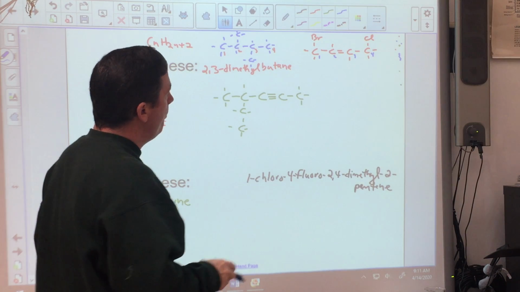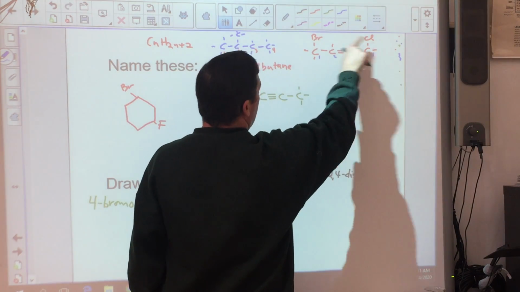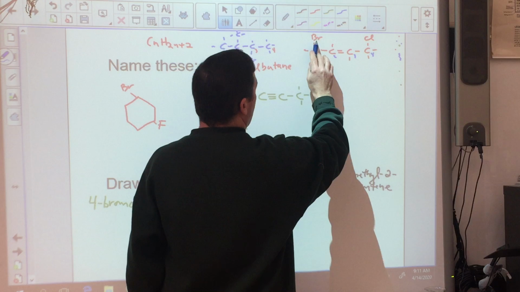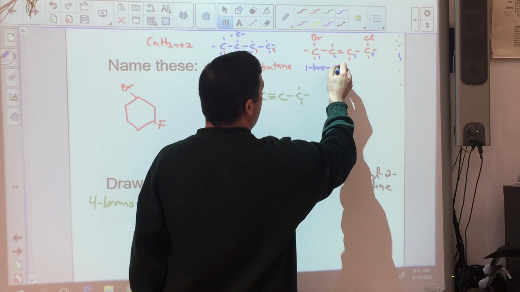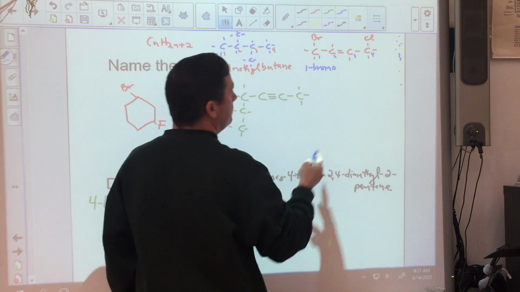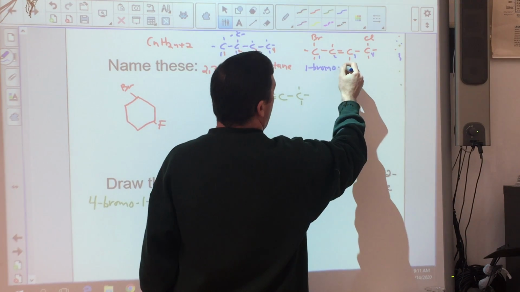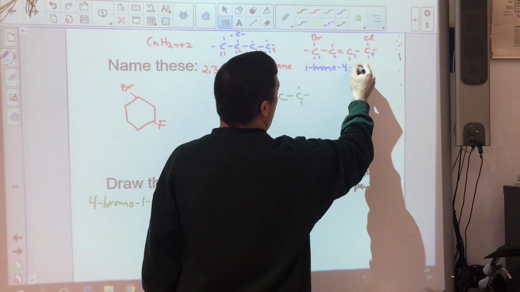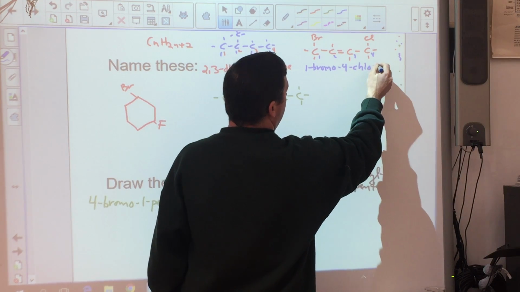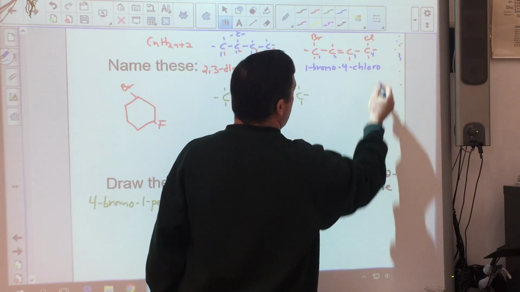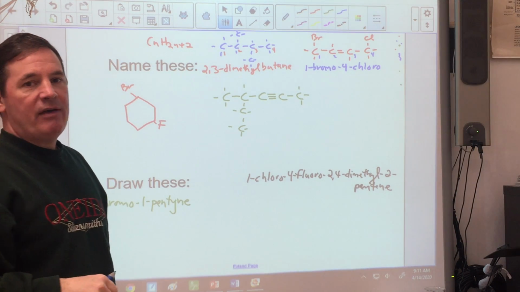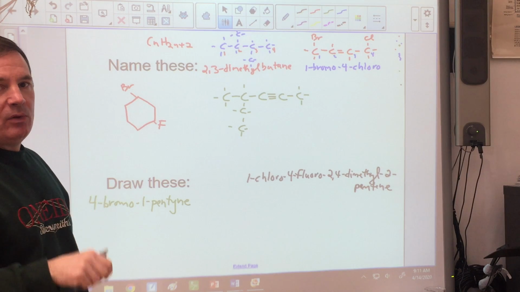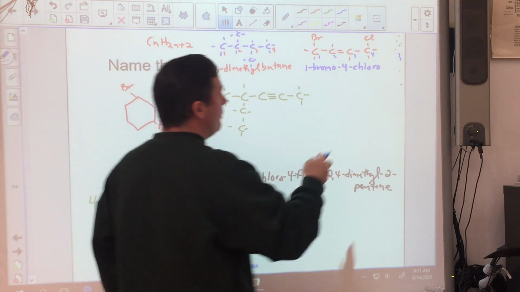So what do we have here? B comes before C, so when I'm naming it, I'm going to put 1 bromo, 4 chloro. Now also remember that when we have double or triple bonds, we have to name where the double or triple bond is.